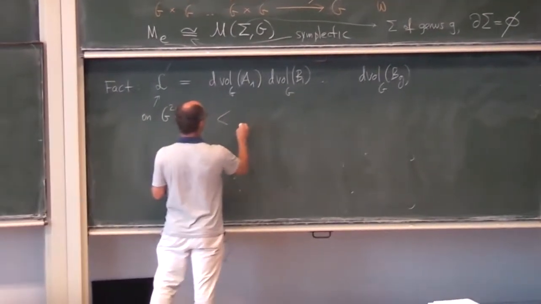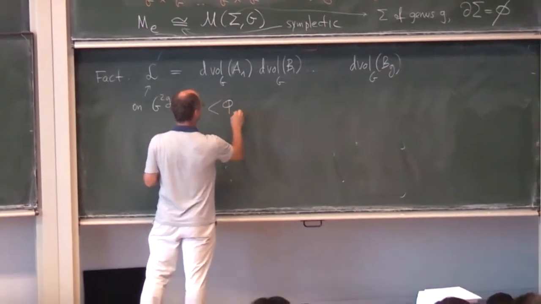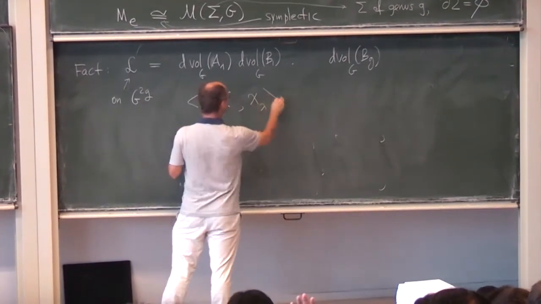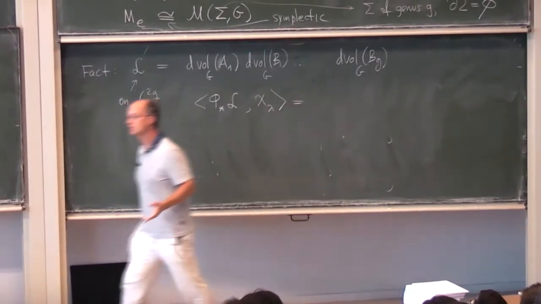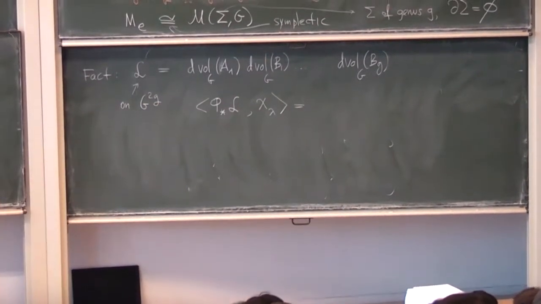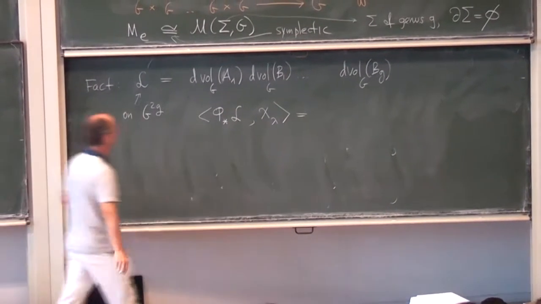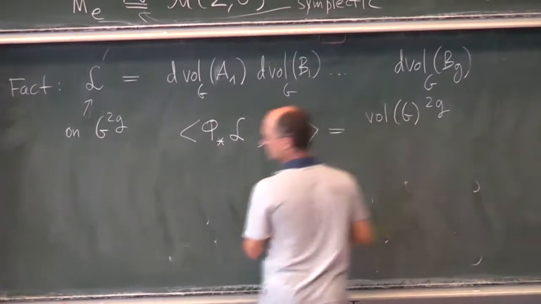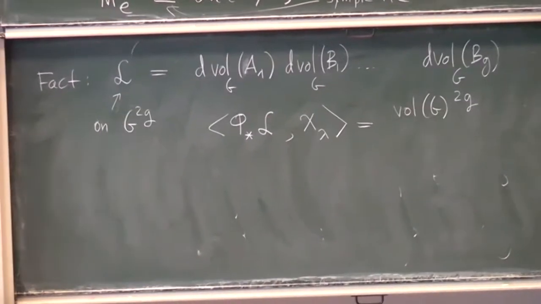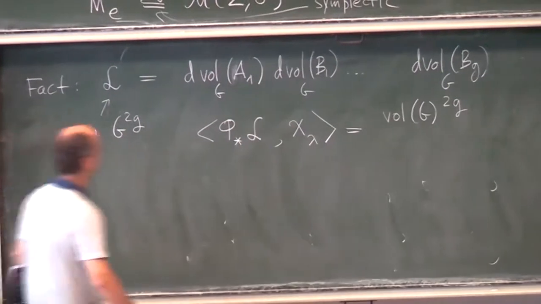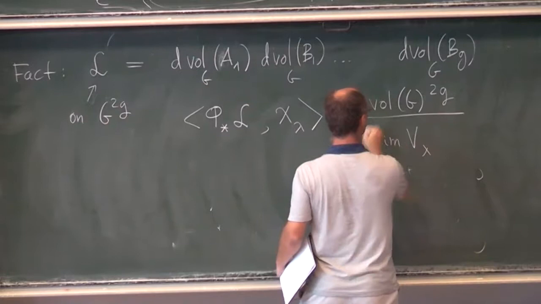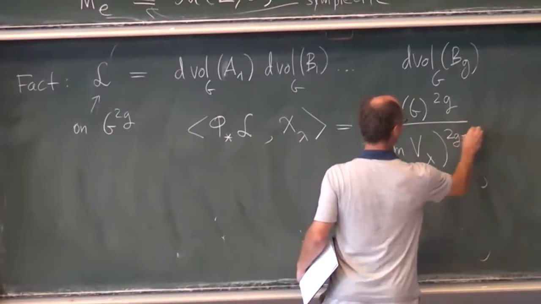Let me just give you the answer. So you take the push forward of this measure and you evaluate it on chi lambda. So the calculation is exactly the same as in the morning at the exercise session, and the result is the volume of G, not to make a mistake, to the power 2g over the dimension of V lambda to the power 2g minus 1.